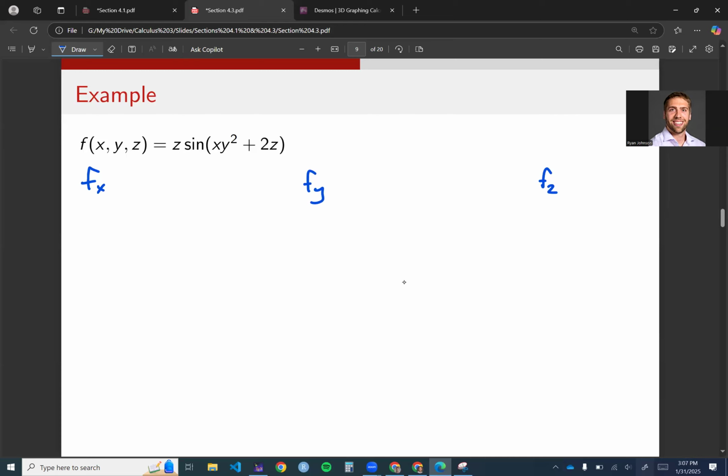As you're working on these, feel free to compare answers with people around you. Make sure you're doing the product rule, you do fz.